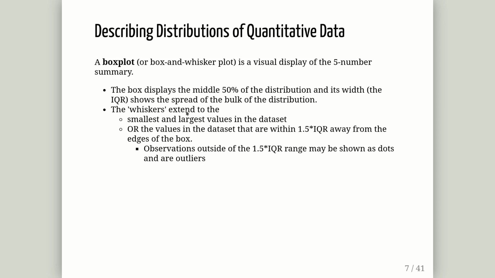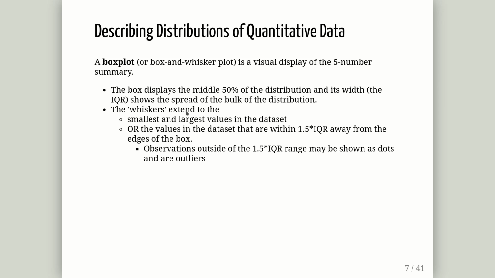So lower quartile, upper quartile. We draw a line through that box corresponding to the median. Okay, so we've accounted for half of our data thus far. Then there are what are sometimes called whiskers, and box plots are sometimes called box and whisker plots because these lines extend outward from the box like whiskers on a cat.